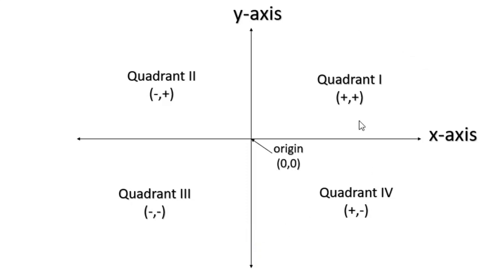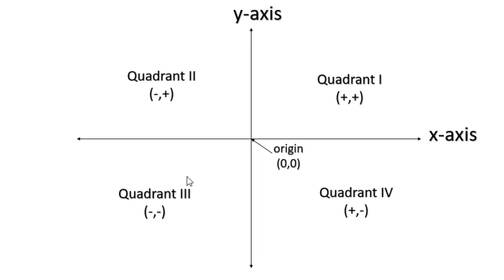First, for the first quadrant, we have positive, positive. Second quadrant, negative x and positive y. Third quadrant, negative x and negative y. Quadrant 4, positive x and negative y.